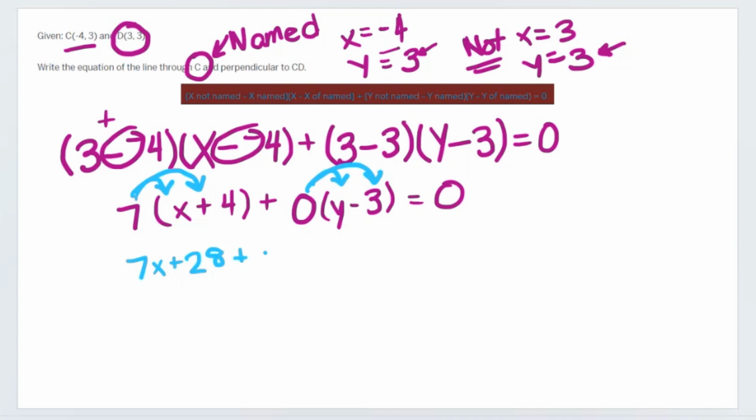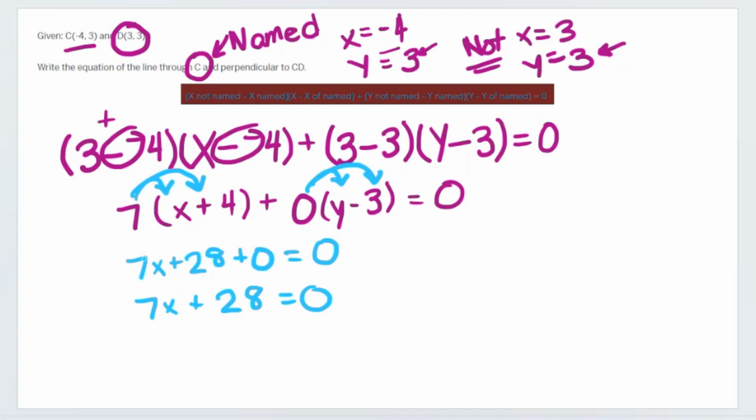So I'm just going to write plus 0 for this whole thing, because 0 times y is 0. 0 times -3 is 0. Well, that's just 0. And now I can combine like terms here. 28 plus 0 is 28. So I have 7x plus 28 equals 0.